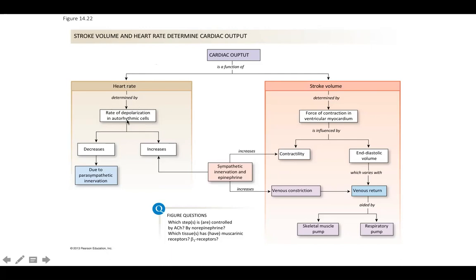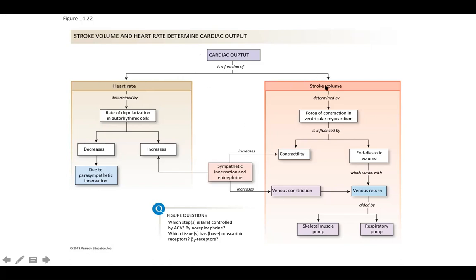A decreased rate of depolarization would be due to parasympathetic activity, and that would decrease your heart rate. If your rate of depolarization increases, that would be due to sympathetic activity. And with your heart rate changing, that will change your cardiac output, depending on which way it changes.